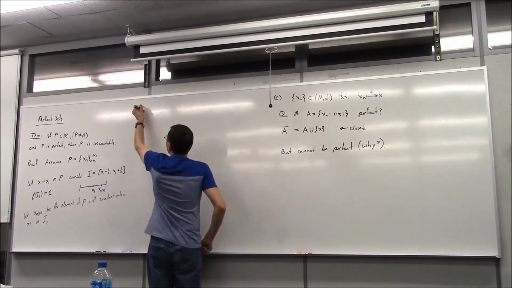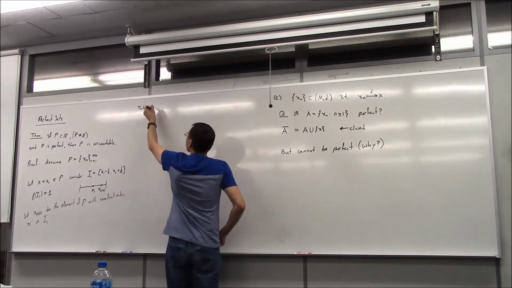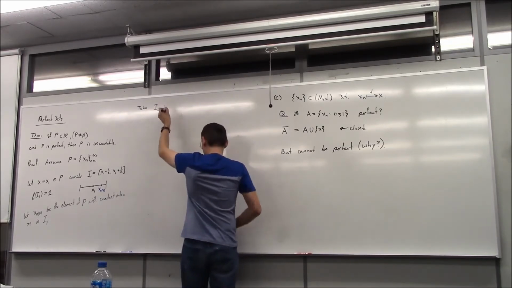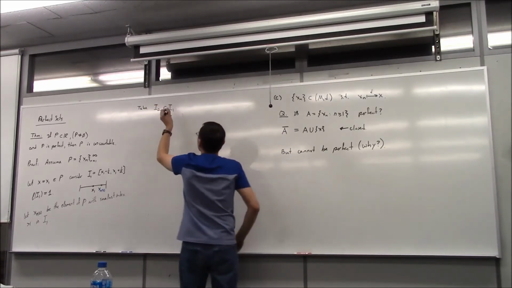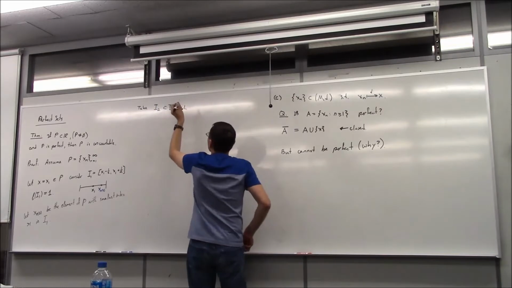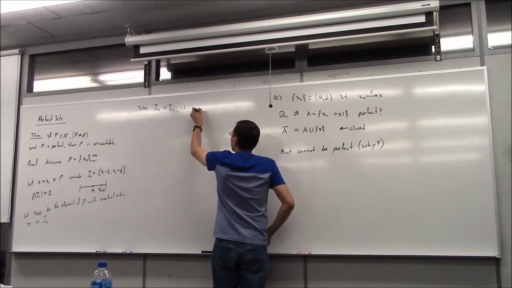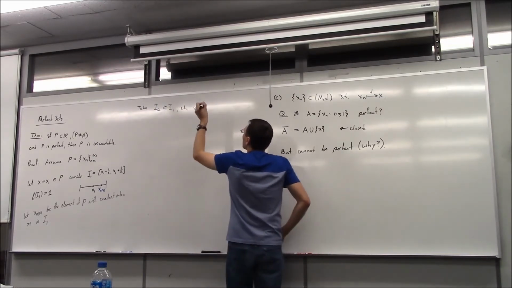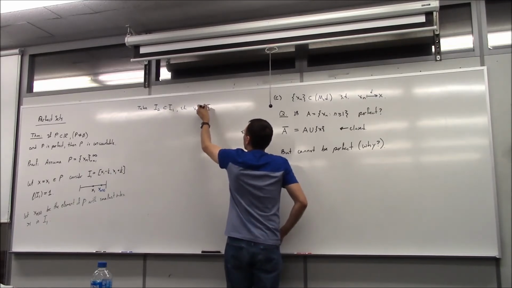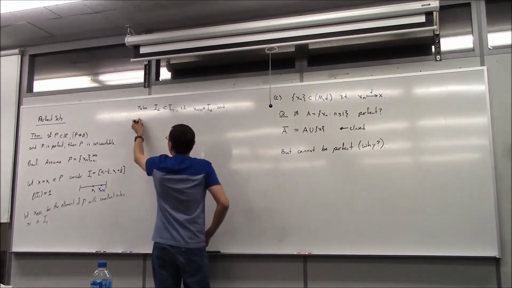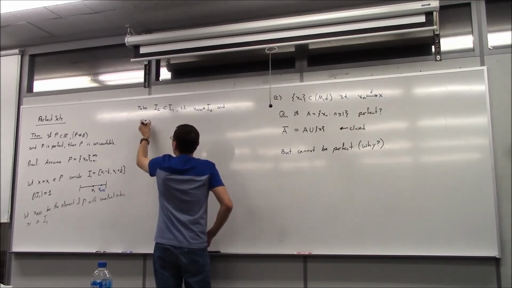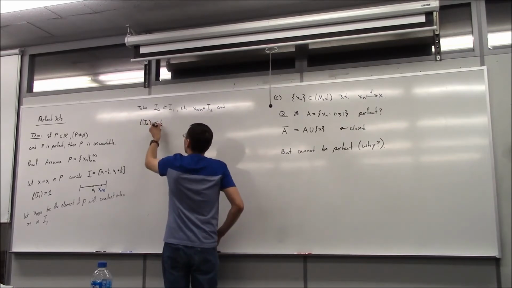Take I2, which is strictly a subset of I1, such that x_{n_2} is contained in I2, and the length of I2 is less than or equal to 1/2.